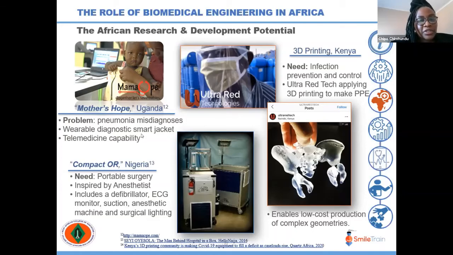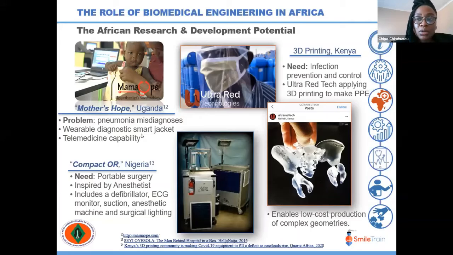I don't know if some of us are aware of this, but there's also a portable surgical unit that has come from Nigeria through a collaborative exercise with European colleagues, where it was actually inspired by an anesthetist who got tired of going into theater, not having enough resources to carry out procedures, and also not being able to access remote areas.